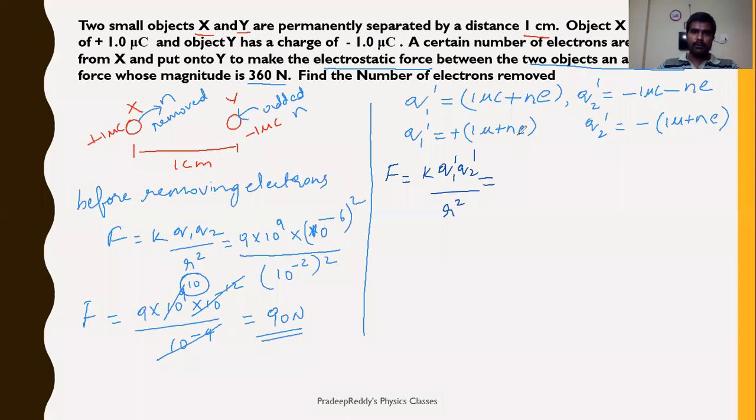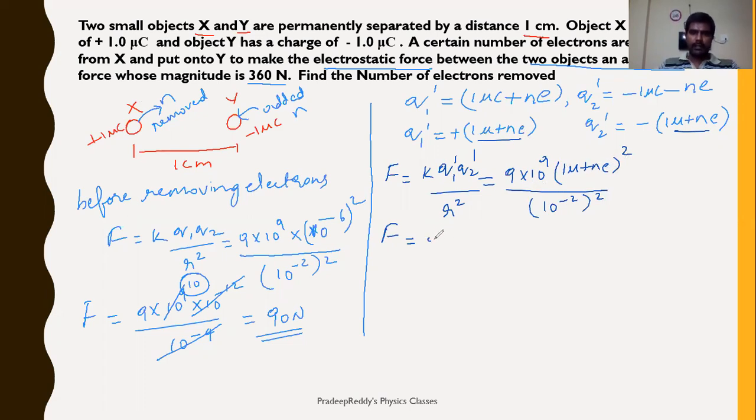This gives you 9 into 10 power 9, Q1 dash is 1 micro plus Ne, 1 micro plus Ne, whole square divided by 10 power minus 2 whole square. And this is F equal to 1 micro plus Ne whole square.